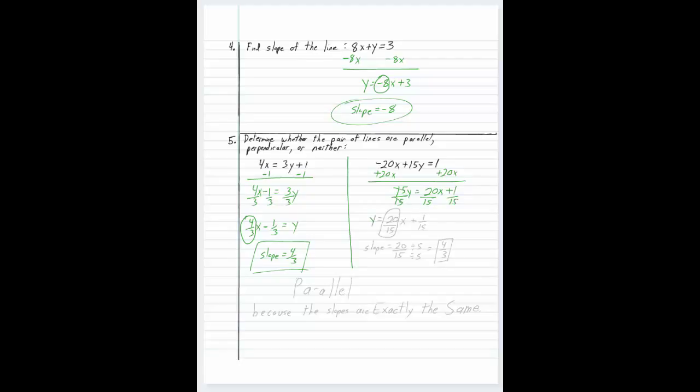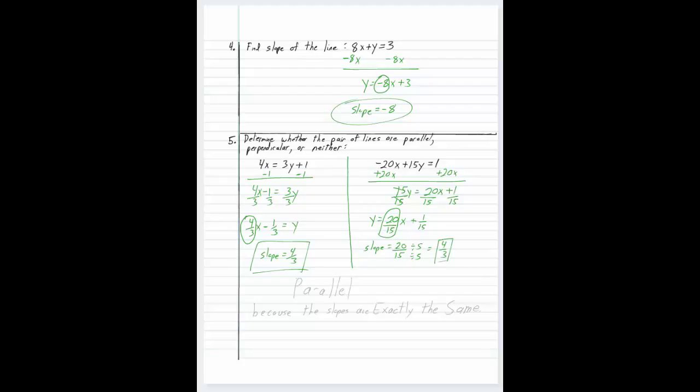So we're left with y equals 20 over 15 x plus 1 over 15. Here the slope is 20 over 15. And we can reduce that by dividing by 5. It becomes 4 over 3.